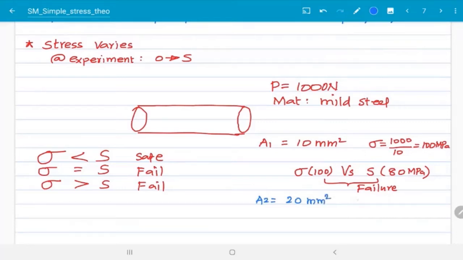What is the stress now? 1000 by 20 is equal to 50 megapascal. Now tell me, is the component safe or not? Safe.